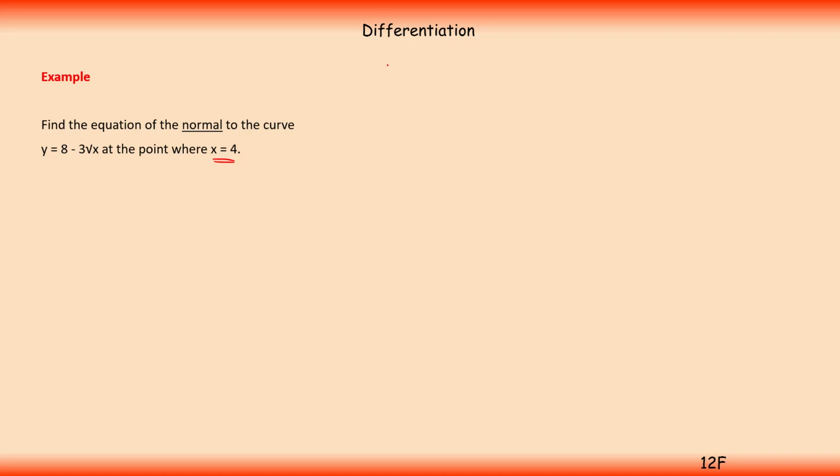First, let's find the gradient at this point. So y is equal to 8 minus 3 root x. Easier to differentiate if we say y is equal to 8 minus 3 x to the power of a half. So dy by dx, constant disappears, so we've got minus 3 times a half x to the power of minus a half.